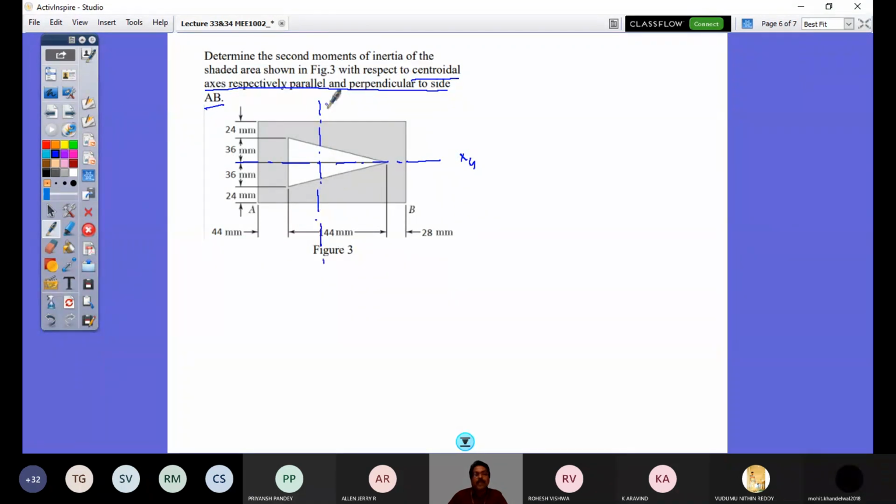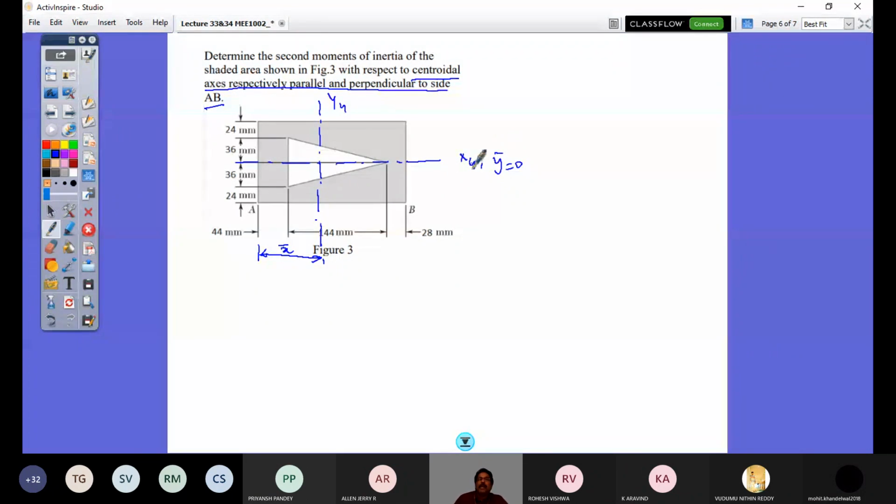This YG axis from this edge is given by X bar, whereas XG axis is given by Y bar, which is 0, because this axis itself is my symmetry axis. So now I have to get my X bar.